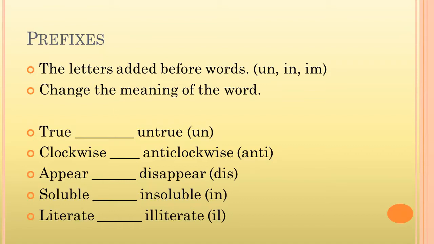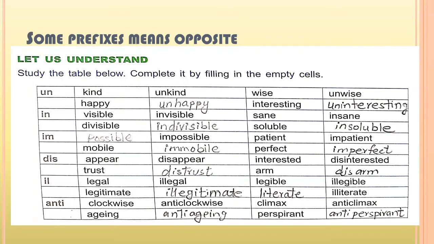So you have understood that prefixes are added before words and they change meanings of the words. Some prefixes, like we have discussed already, change the meanings and make the meanings opposite. They mean not, like un means not, in means not, anti means not, dis and ill mean not.